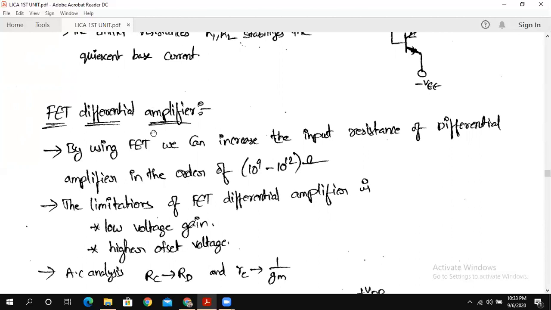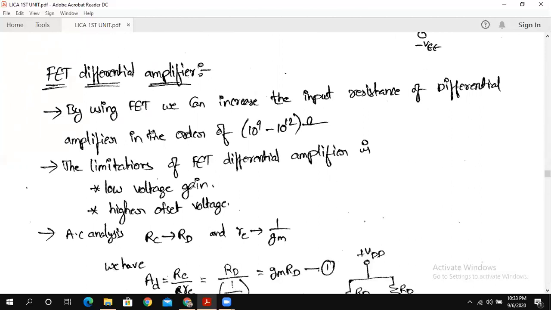As we have discussed, if the input resistance is high, there will be an improvement in the CMRR, the common mode rejection ratio, and also in the differential gain. As an FET has a high input resistance compared with a BJT, we are going to use the FET instead of the BJT.